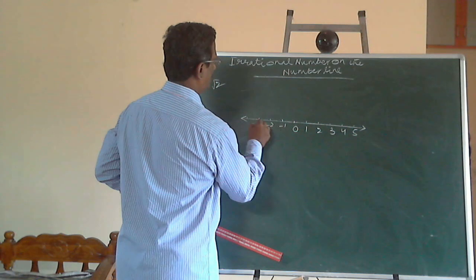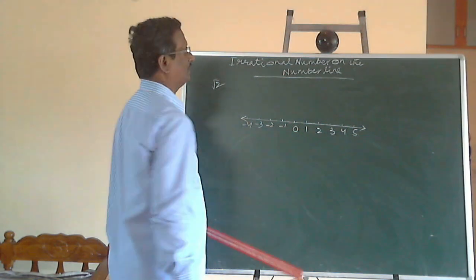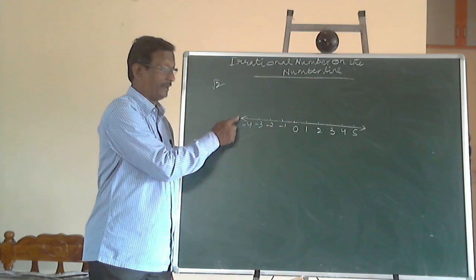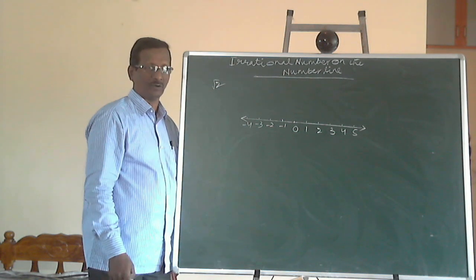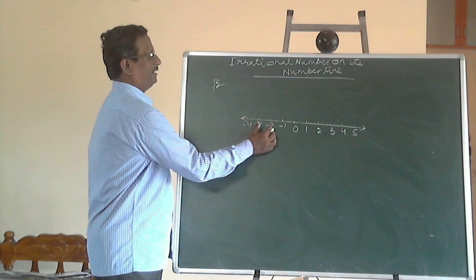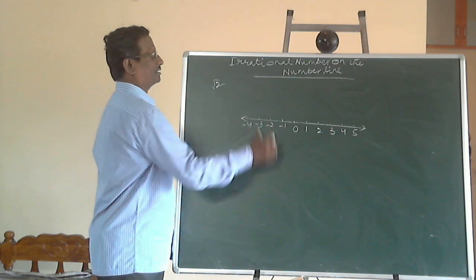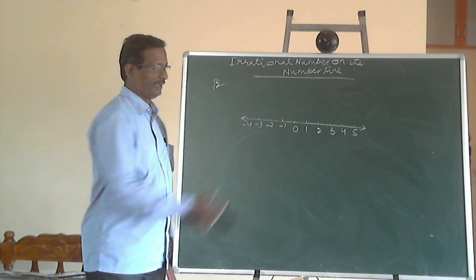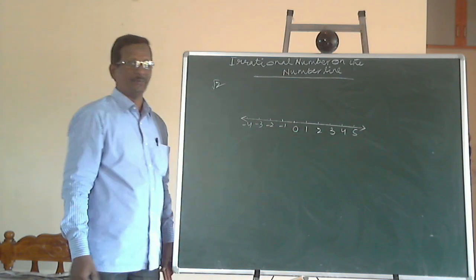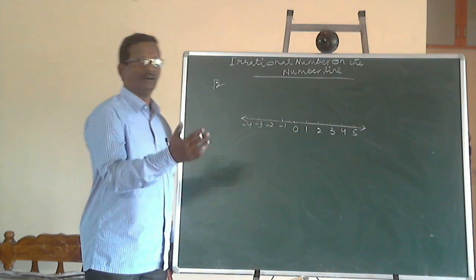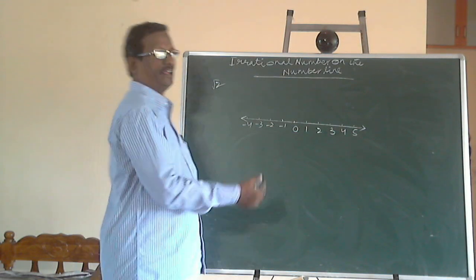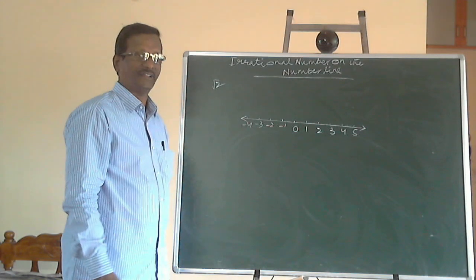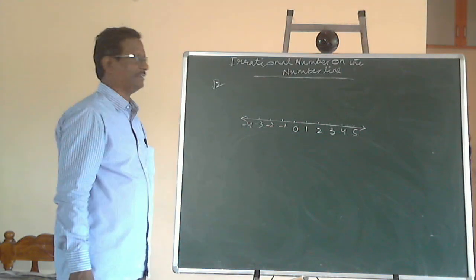Minus 1, minus 2, minus 3, minus 4. Since it is a line, arrow marks are compulsory. For convenience I have taken 5 centimeters as 1 unit. In your notebook also, take either 3 centimeters or 5 centimeters as 1 unit, so that we get the picture clearly.